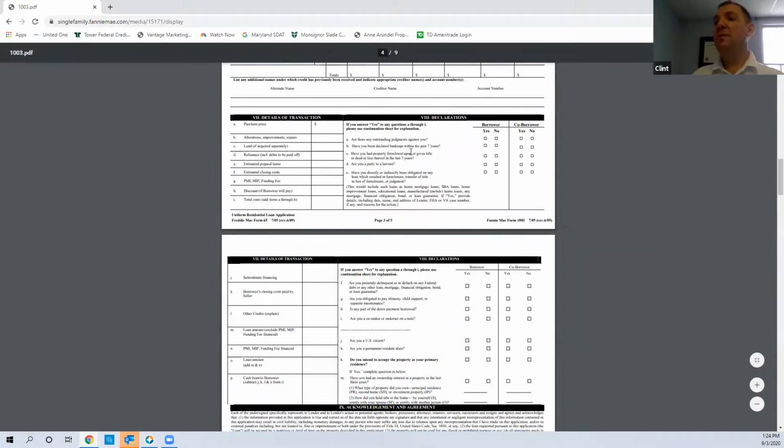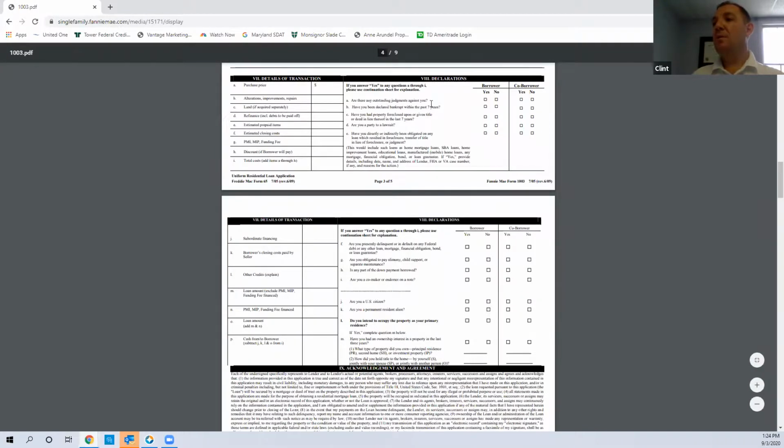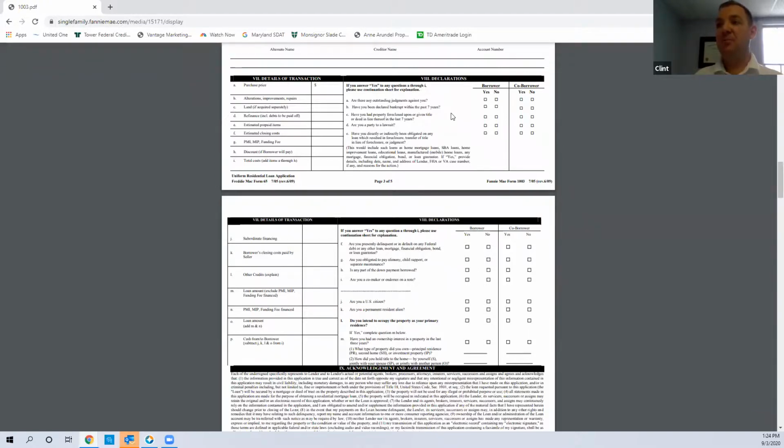So moving on, the next big thing is Section 8 for me, the declaration section. I usually go through line by line, and I won't necessarily do that, but obviously outstanding judgments and bankruptcies, foreclosures in the last 7 years are going to have a big impact on the type of financing that the applicant can get.